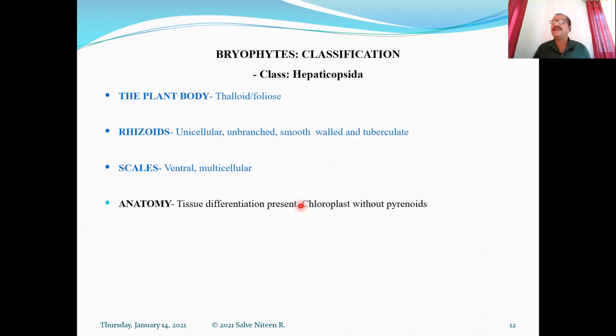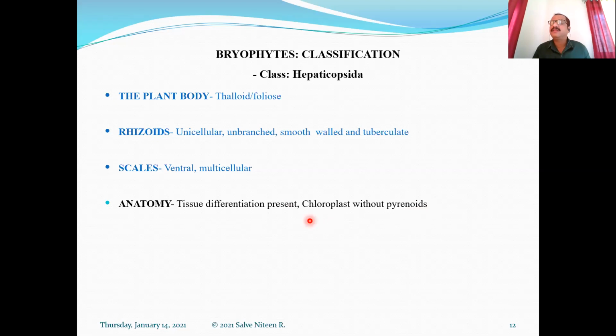Whatever food material is prepared by photosynthesis in the upper photosynthetic region is transported to the lower, ventral region for storage. So there is clear-cut tissue differentiation. Here chloroplasts are present in the cells of the upper region, but without pyrenoids, because the function of pyrenoids, which are proteinaceous bodies containing starch, is storage.